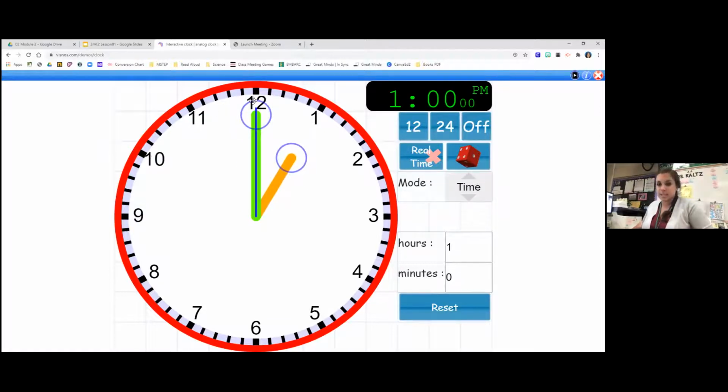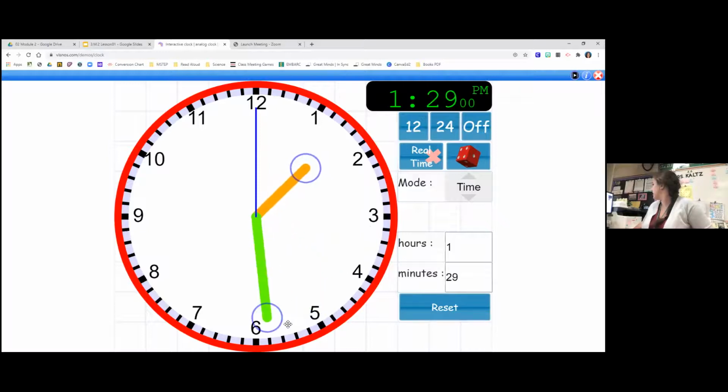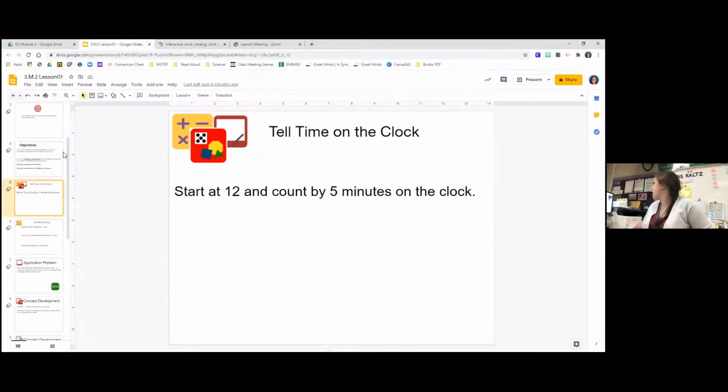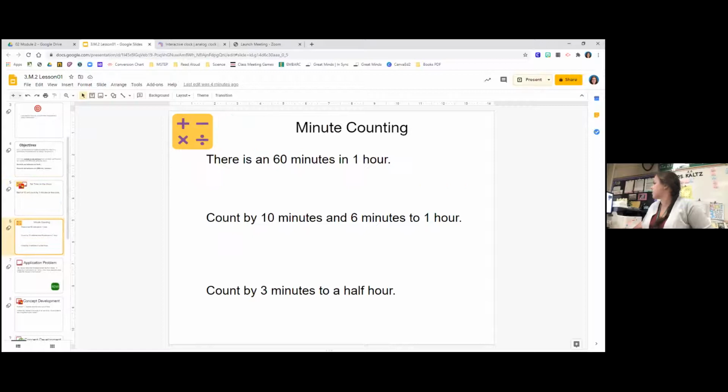And 60 takes us to the next hour. So let's do that one more time. We're at 1 o'clock and we're going to go all the way to the next hour, which is 2 o'clock. So 0, 5, 10, 15, 20, 25, 30, 35, 40, 45, 50, 55, 60, and 60 takes us to the next hour. All right, I have some questions for you.